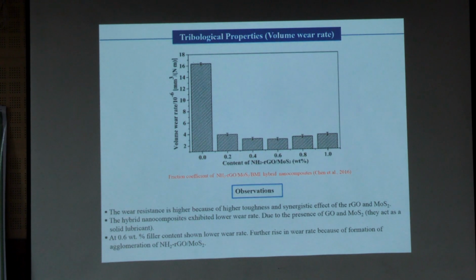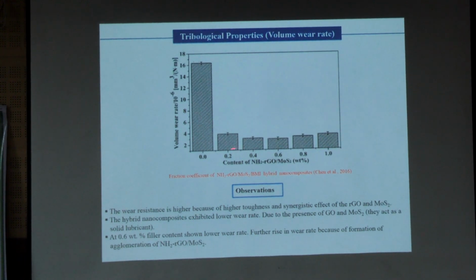And then the wear rate. If you see, the wear rate is high in the normal matrix material, but the wear rate is decreasing here, maybe at 0.6% and 0.4%. Sometimes you want wear resistance as well as strength. Maybe at 1% you get more strength, but at another percentage you get more wear resistance.